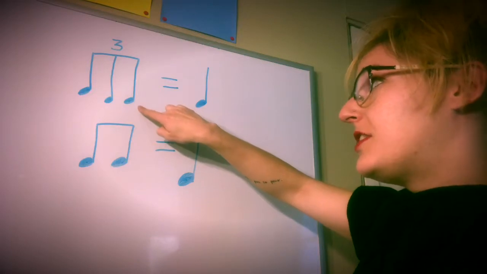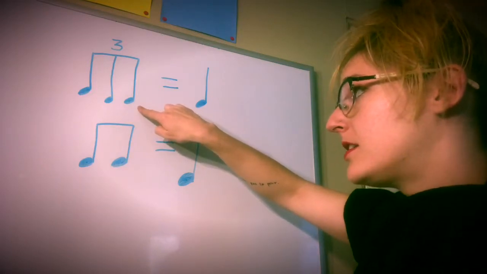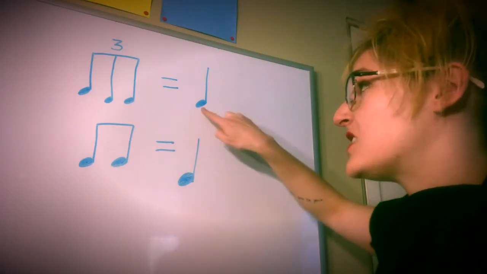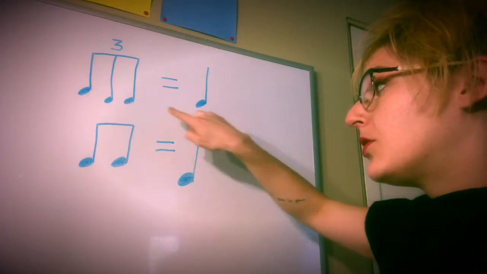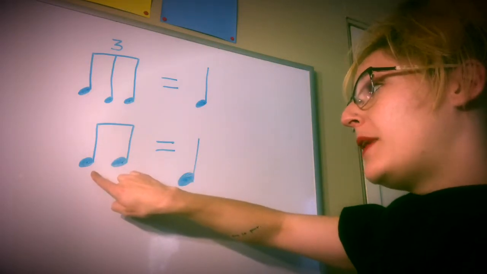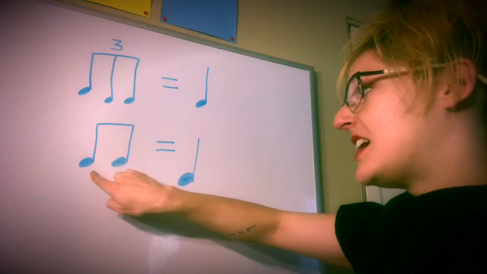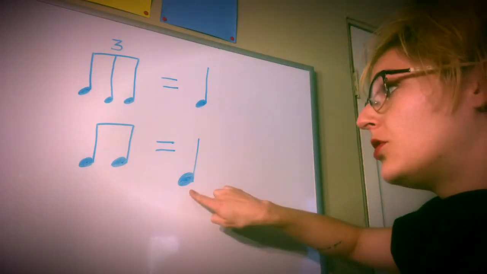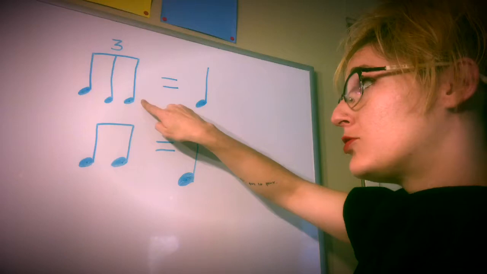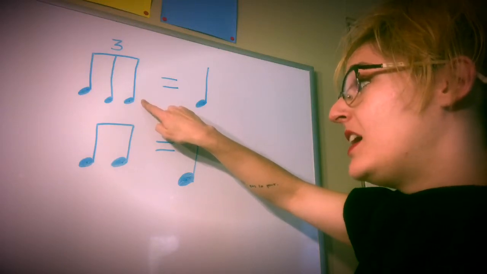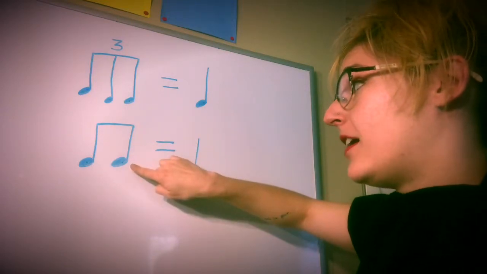We know that this 8th note triplet is worth the same amount of time as 1 quarter note. We know that this 8th note pair is worth the same amount of time as this quarter note. So we know that this 8th note triplet is worth the same amount of time as this 8th note pair.